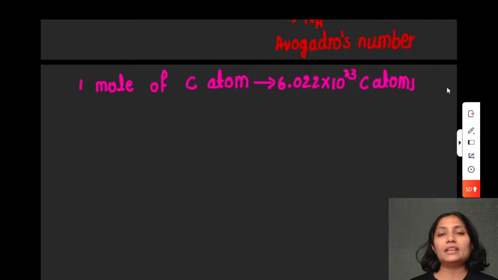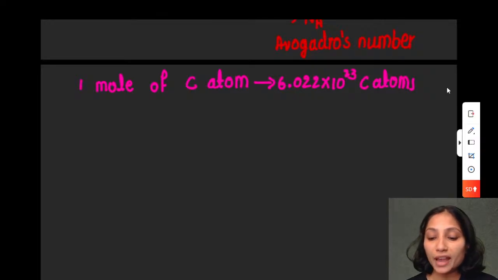Every time I cannot say 6.022 into 10 power 23 atoms. Instead of that, I say 1 mole of carbon. Whenever 1 mole comes, what you have to keep in mind? It's Avogadro number of particles, 6.022 into 10 power 23 carbon atoms.